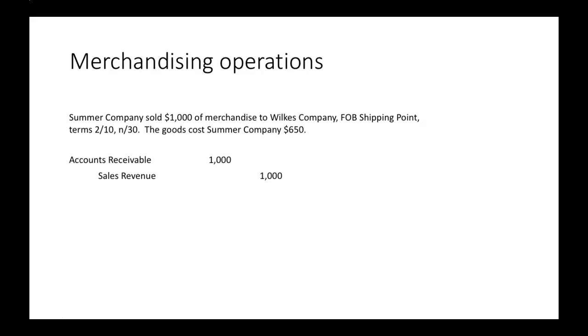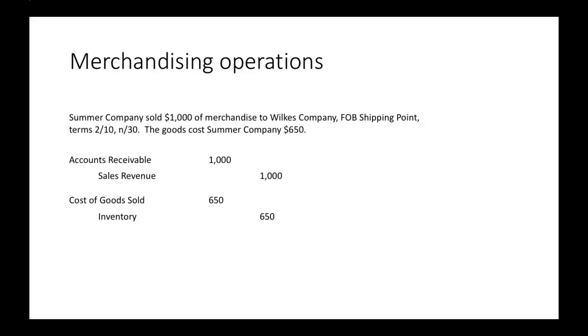Now there's another entry that's required from the point of view of Summer Company. That's recording what these goods cost the seller. So they have to record their cost of goods sold and their inventory amounts here. Cost of goods sold is an expense account, so we're increasing it with this debit of $650.